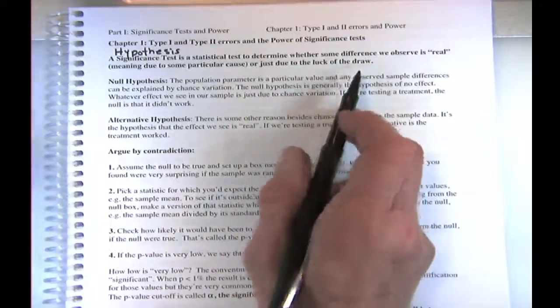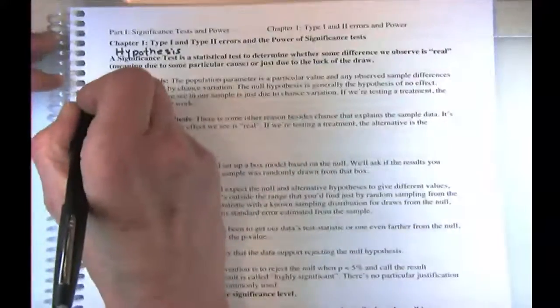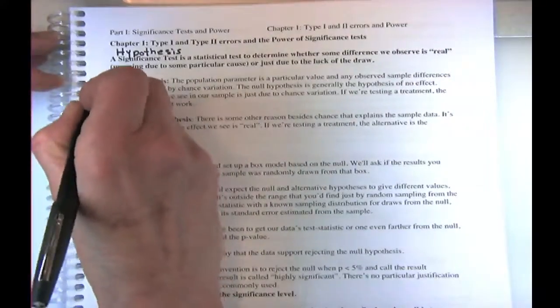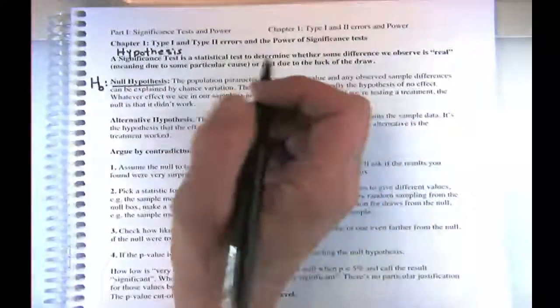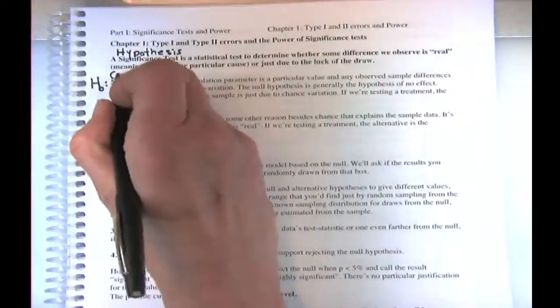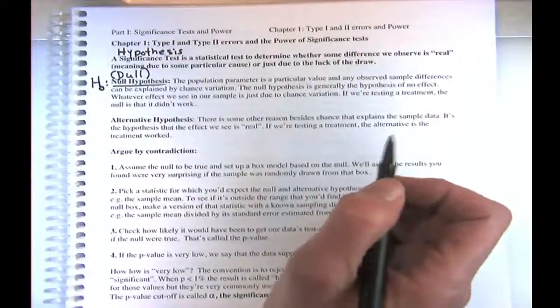And we set up what we call a null hypothesis, abbreviated by H naught. I like to think of it as the dull hypothesis because it's usually the hypothesis of no effect.